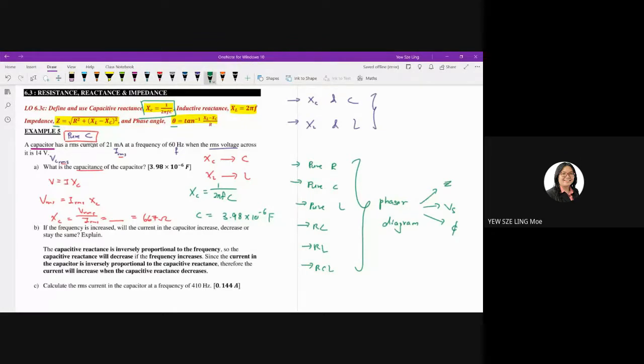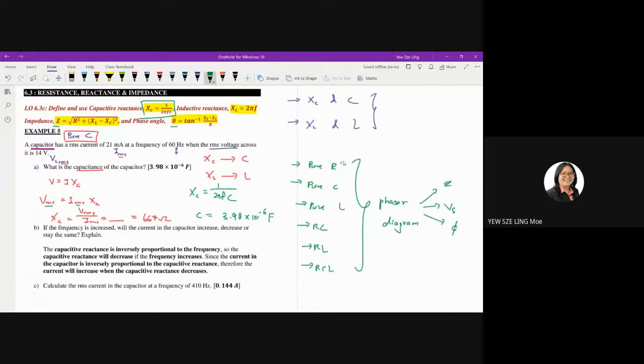You try to identify the type of the circuit, and then you look at the information that you have. Since in this question you have IRMS and VRMS, straight away you can calculate XC using both values. Of course, you have to be extra careful with the RMS voltage. Sometimes the RMS voltage given does not belong to the capacitor; maybe it belongs to the source. If it belongs to the source, then you have to be extra careful with the type of circuit.